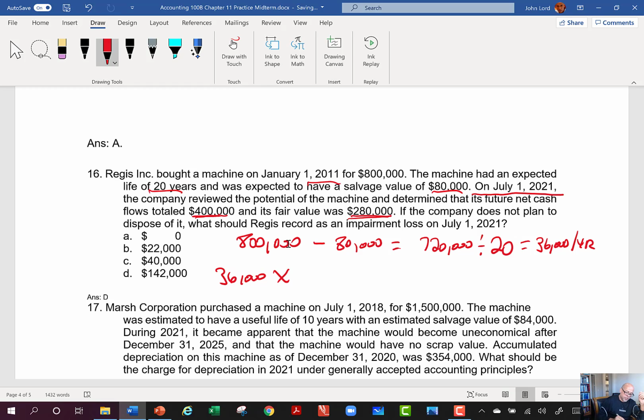So that means it was 10.5 years that they depreciated this thing before they sold it.